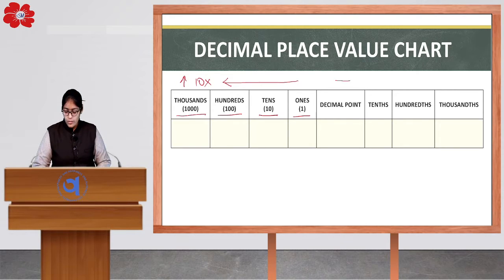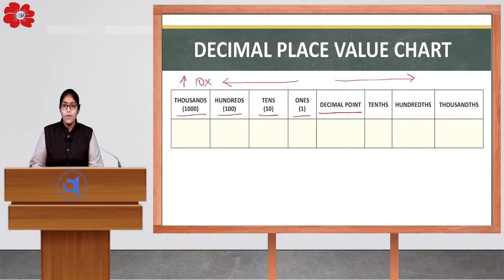But what about this side? So before we move towards this side, first we will place the decimal point. Now, as we move towards the right side of the place value chart, the value decreases by 10 times. So now the place values become tenths, hundredths, thousandths, and so on.